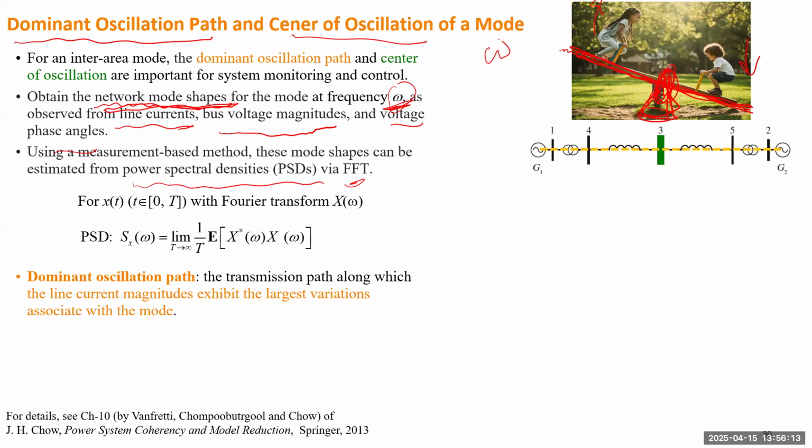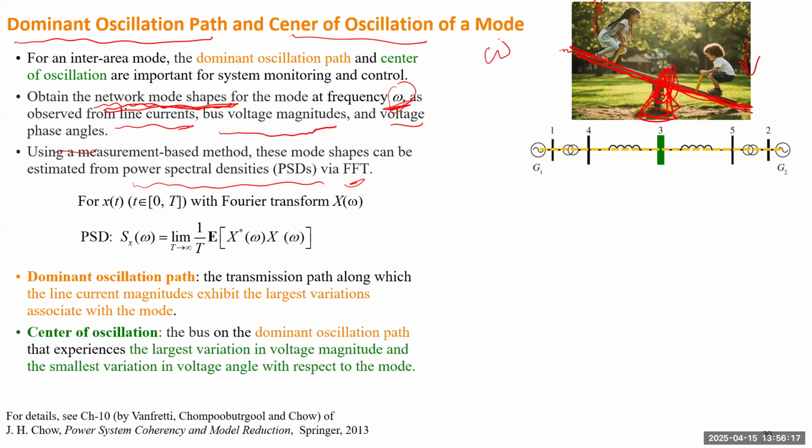So that path will be the dominant path regarding this mode. The center of oscillation is the bus on the dominant oscillation path. So first it has to be on the path, and it has the largest variation in voltage magnitude and the smallest variation in voltage angle regarding that mode. Okay, so what does this one mean?